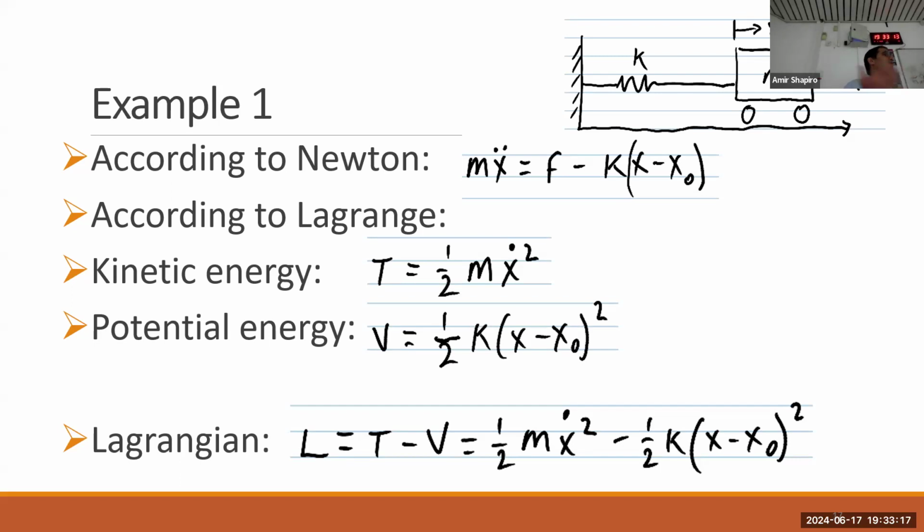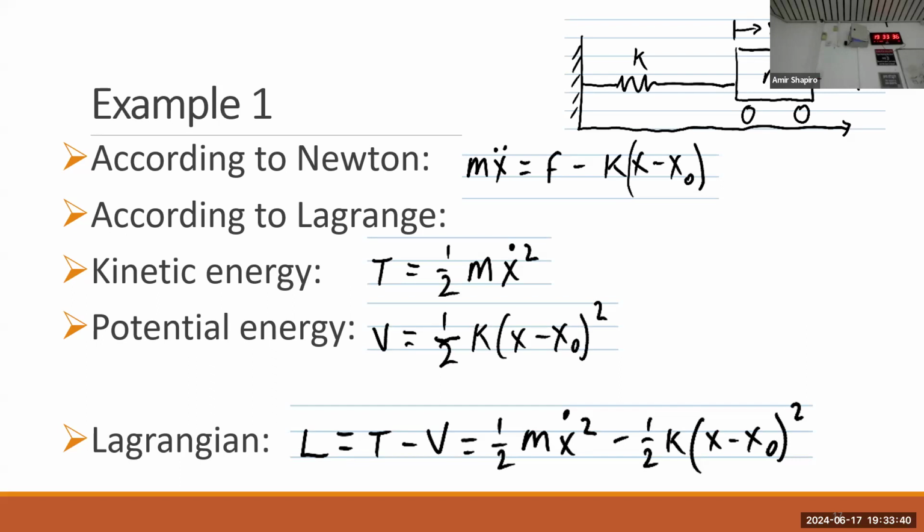Now let's try to do that, but not with Newton, but according to Lagrange. So the kinetic energy is half m x dot squared, the kinetic energy of this, because the velocity is x dot.